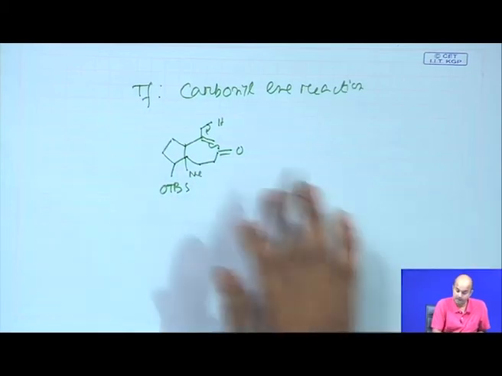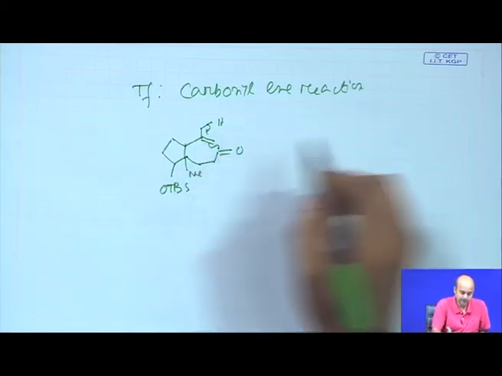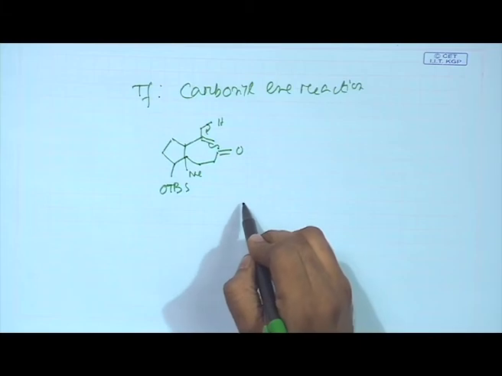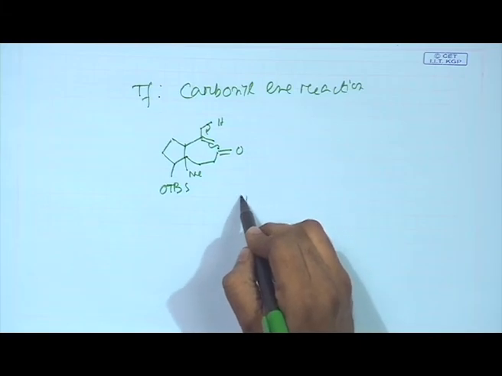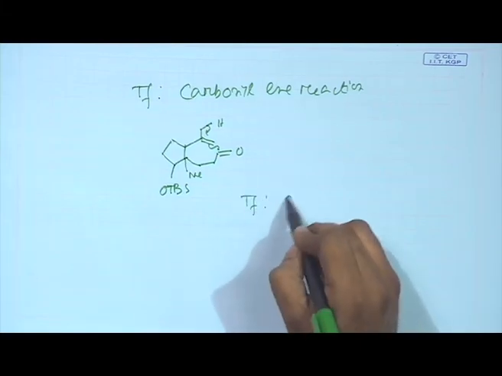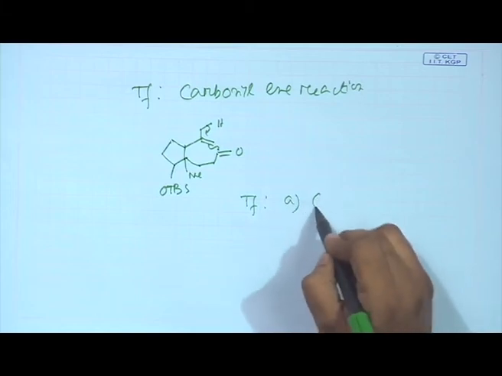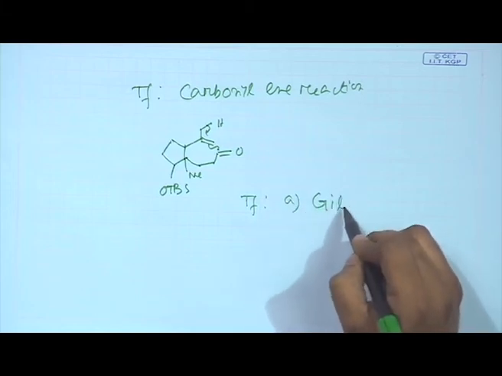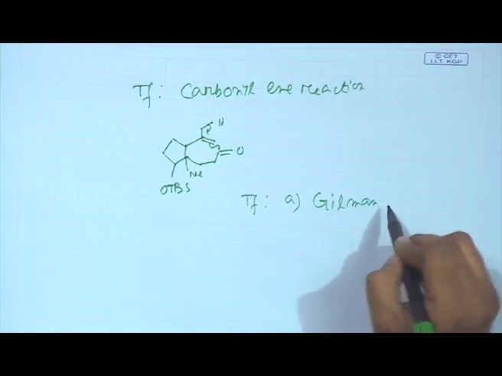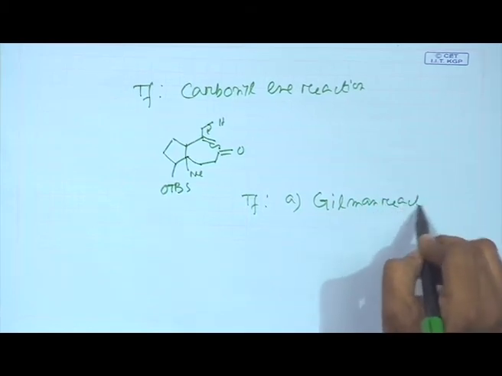So, the carbonyl ene reaction was one of the reactions, and this is the main transformation. In addition, you use another transformation which is nothing but a Gilman reaction of a suitable nucleophile.